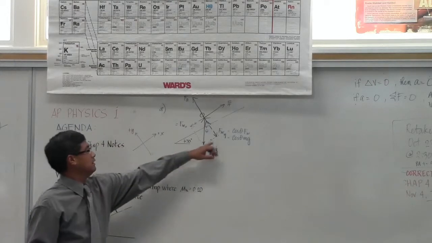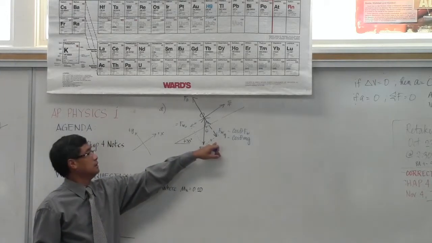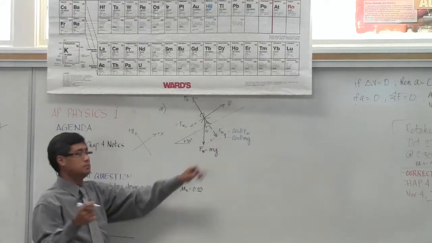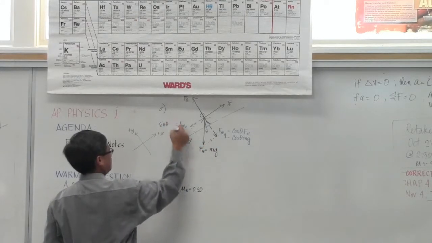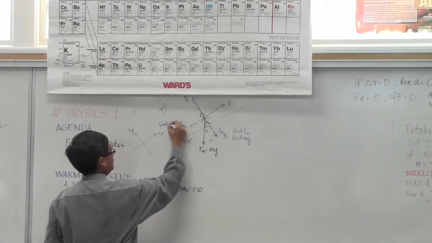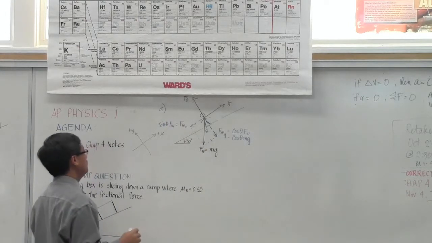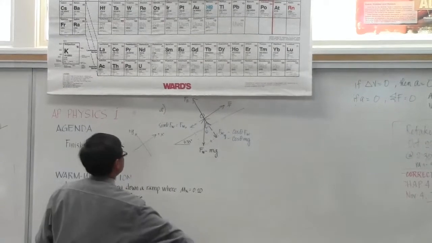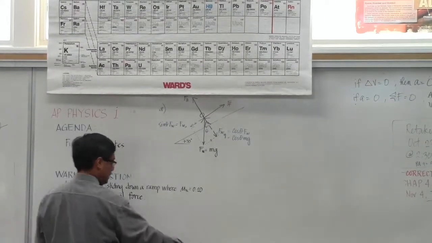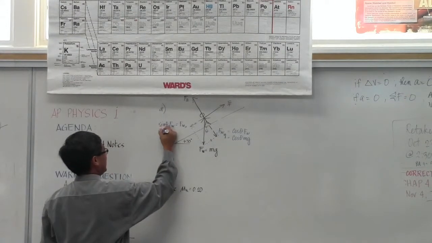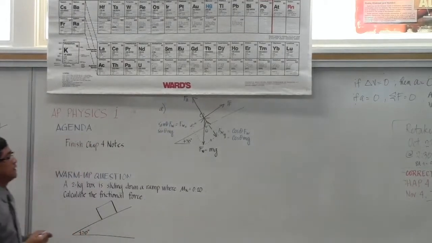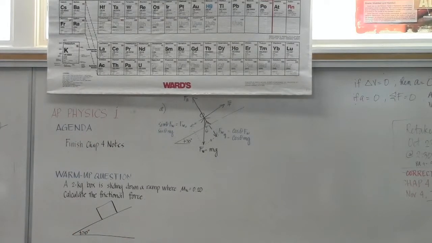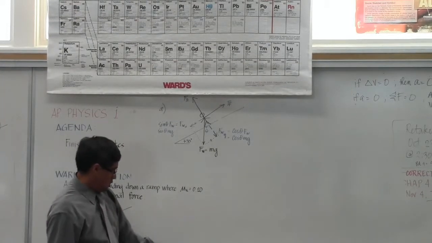And how do we find this side? Sine or cosine? Sine. So this is sine theta, and the hypotenuse is FW. But what is FW equal to? Mg. So we will now write sine theta mg. Okay, so far, are you good? We're just putting in numbers here.